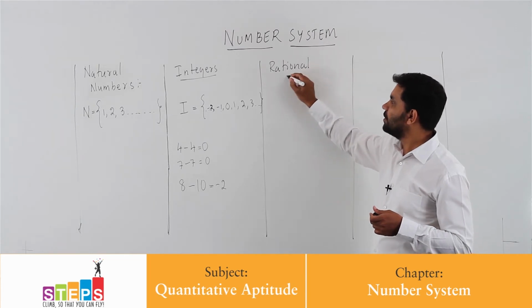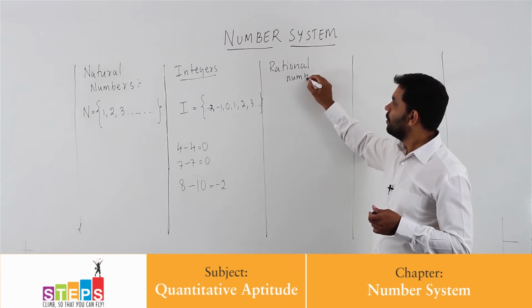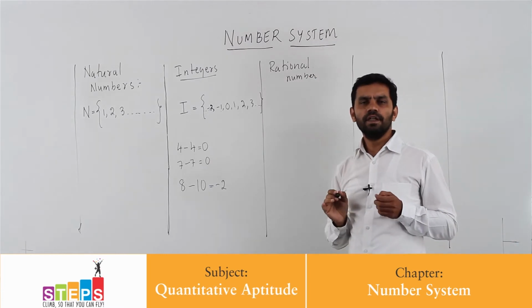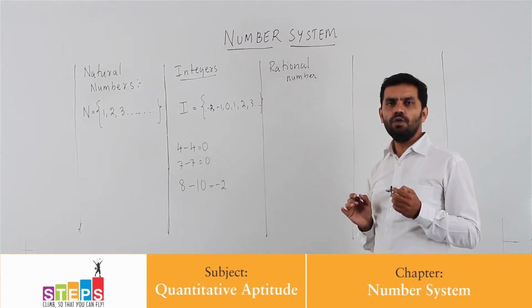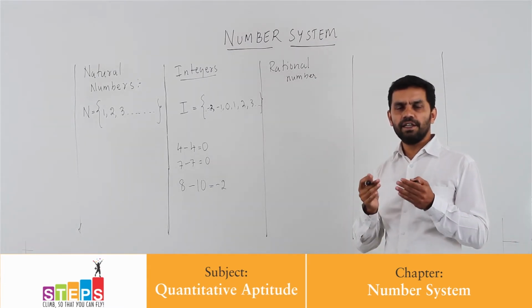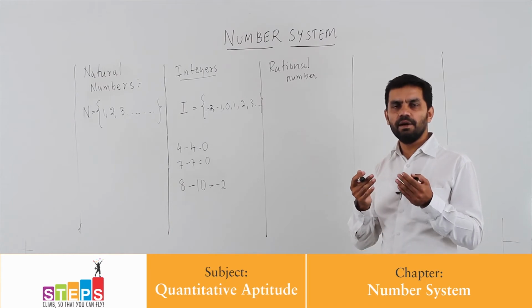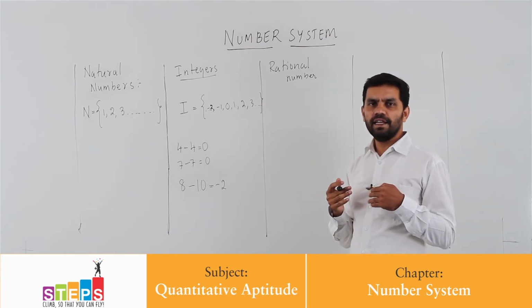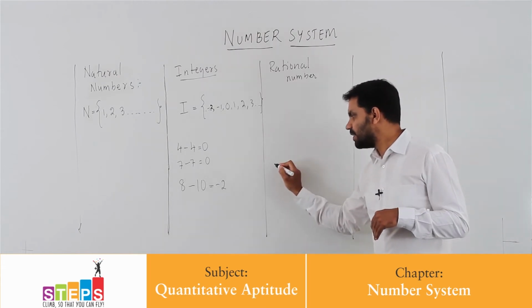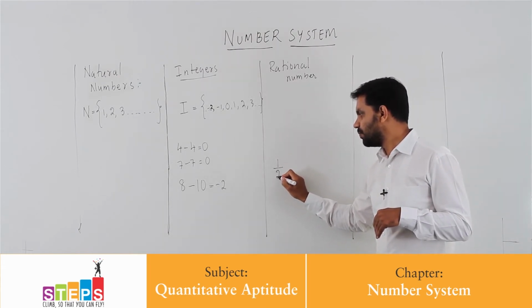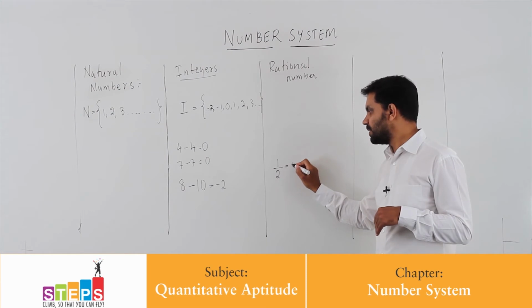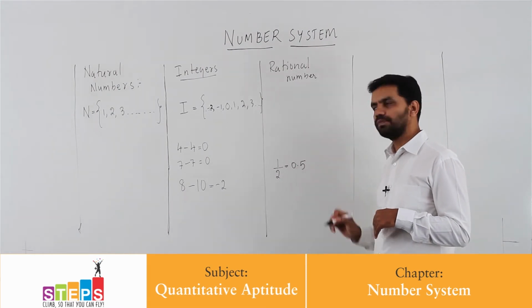Rational numbers. So what are rational numbers? A question arose about how a number is divided. What happens when a number is divided by any other number? What will be the result? For example, let me take 1 by 2. The value is 0.5.